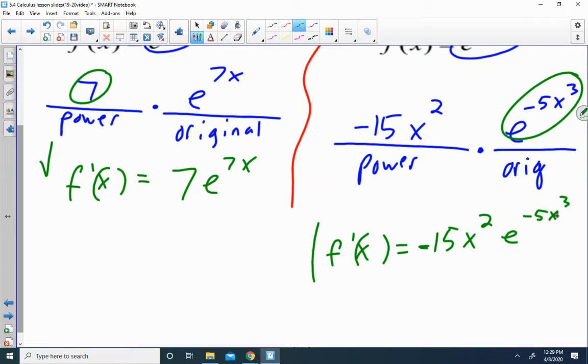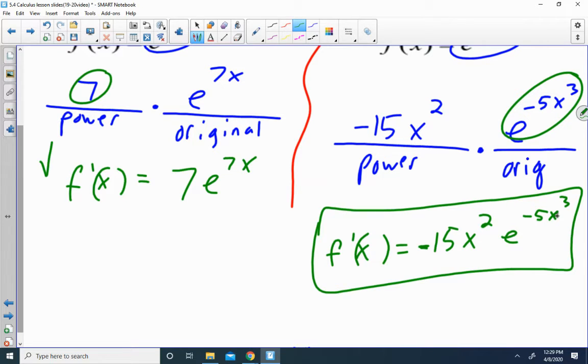All right, so now you understand the basics of how to derive the e function. Now let's apply it to some other examples where you might have to use the product rule, quotient rule, chain rule, all that stuff.